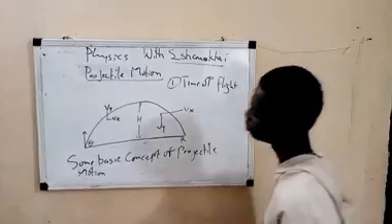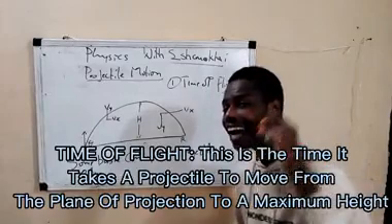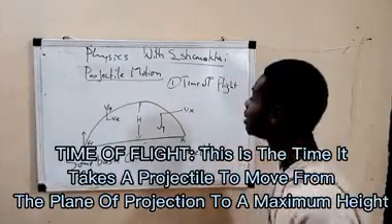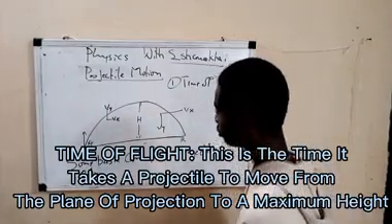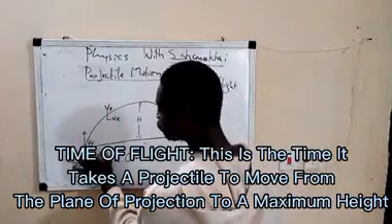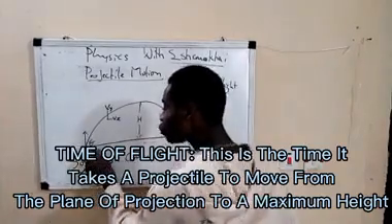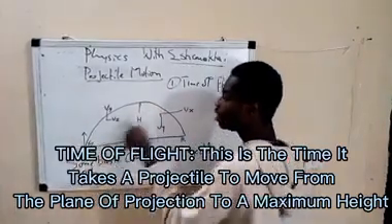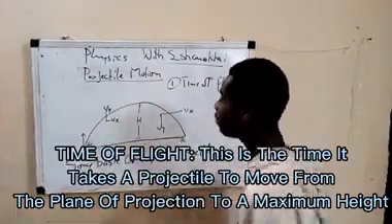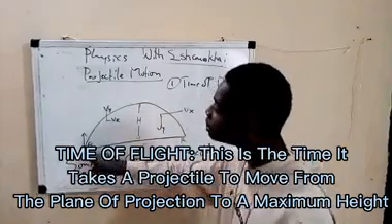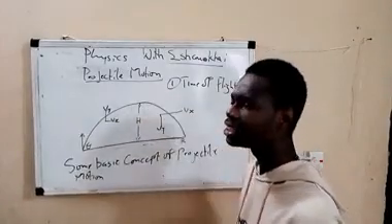This is the time it takes a projectile to move from its place of projection, that is here, to its maximum height, that is here. I repeat, this is the time it takes a projectile to move from its plane of projection to its maximum height. That is for this one.